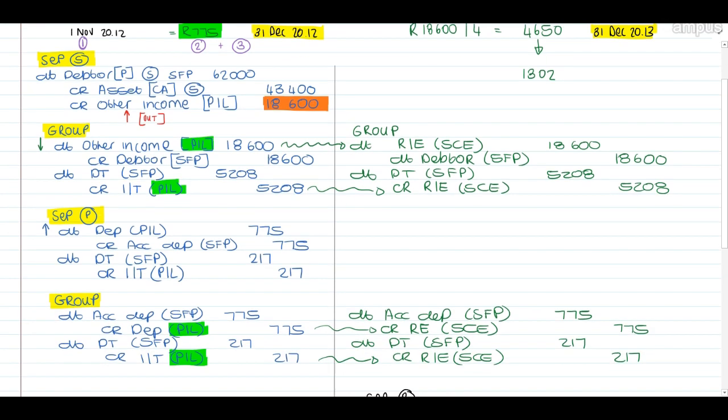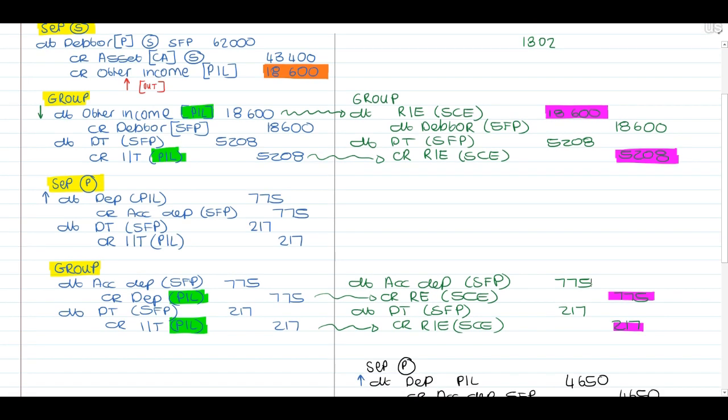Now when we have a look at our journal entries, it will be to debit the retained earnings, therefore decrease. Okay, and then this 5208 amount, the 775 and the 217.